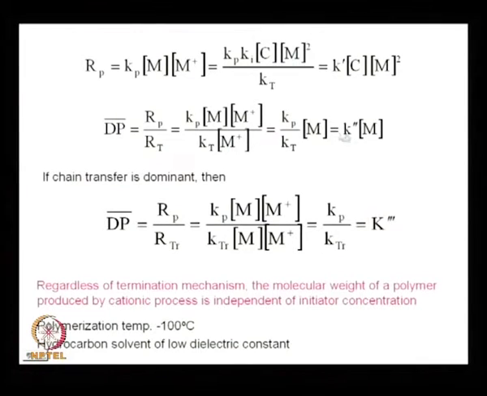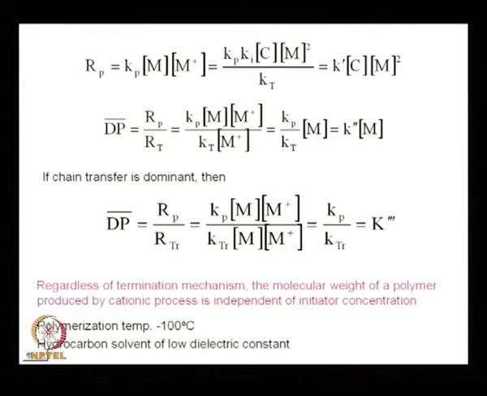Degree of polymerization is independent of catalyst concentration, because you have seen these catalysts are regenerated and that goes for reinitiation of polymer chain, but here it is a little different from that of free radical chain polymerization. It can reinitiate only after it assumes adequate length of the polymer chain.